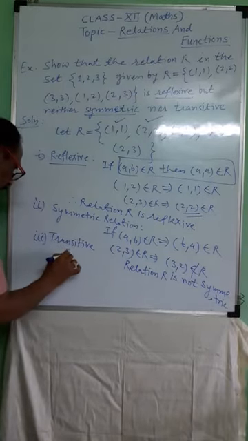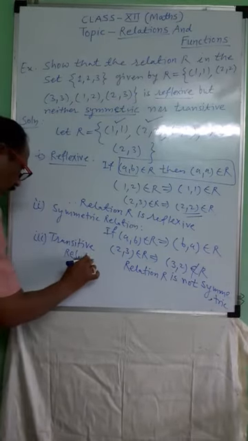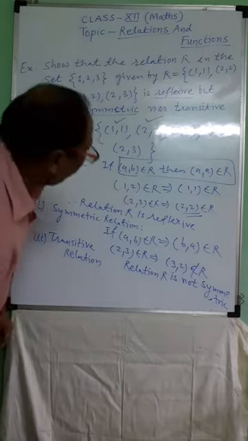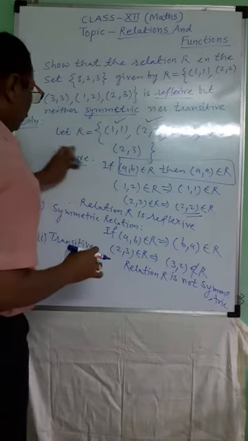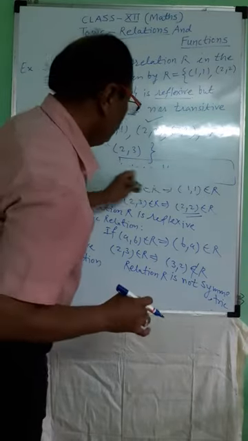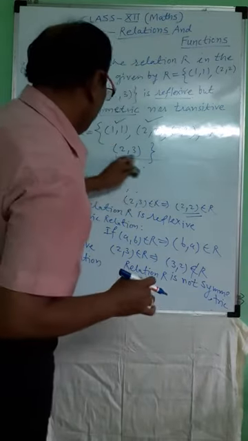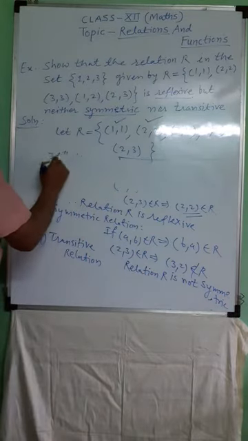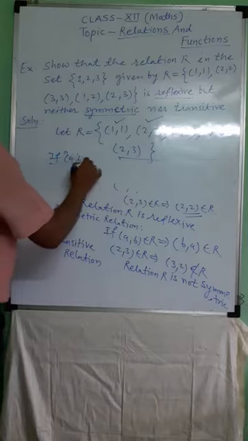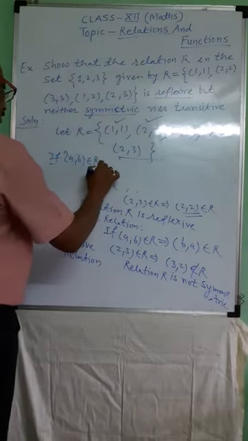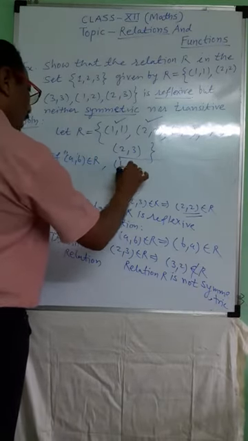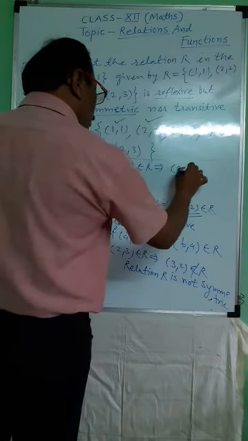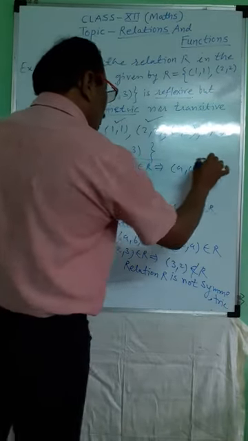Transitive relation means if (a,b) belongs to R and (b,c) belongs to R, then (a,c) should belong to R.